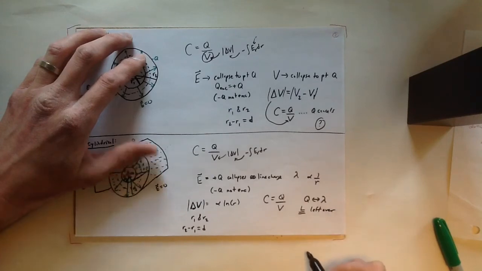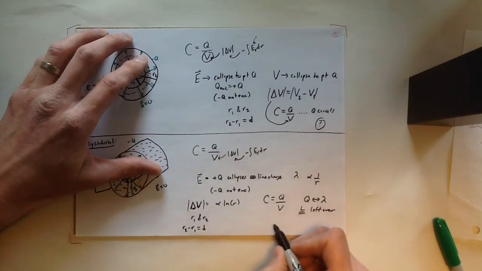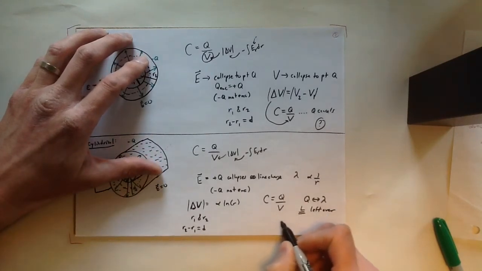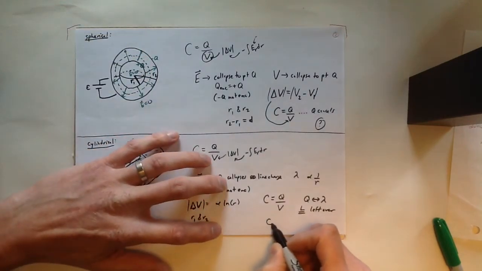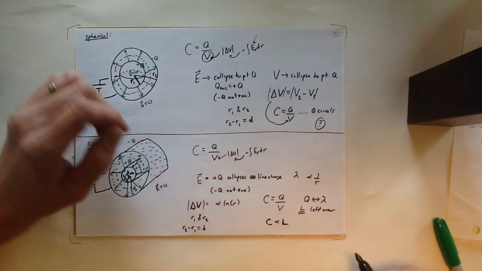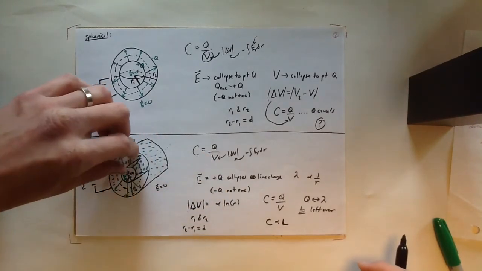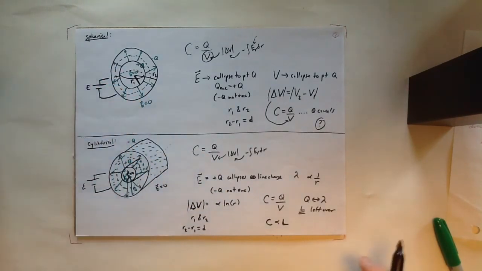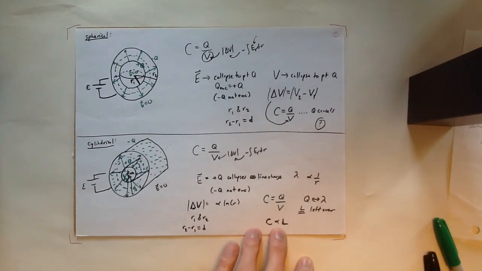Okay? So an L left over, it actually means that in this system, you will find that the capacitance is actually proportional to the length. So in other words, it depends on how long these cylinders are in order to say what the capacitance is.